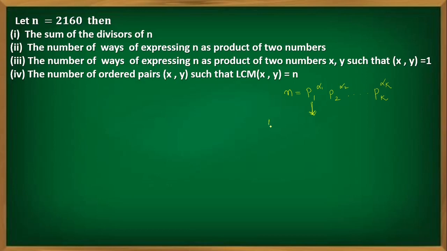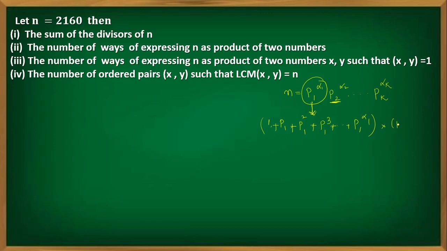The divisors are 1, p1, p1 square, p1 cube, and so on up to p1 to the power of alpha 1. So these are the divisors related to the prime p1. Then you add all these divisors related to p1. Similarly you write the sum of the divisors related to the prime p2.